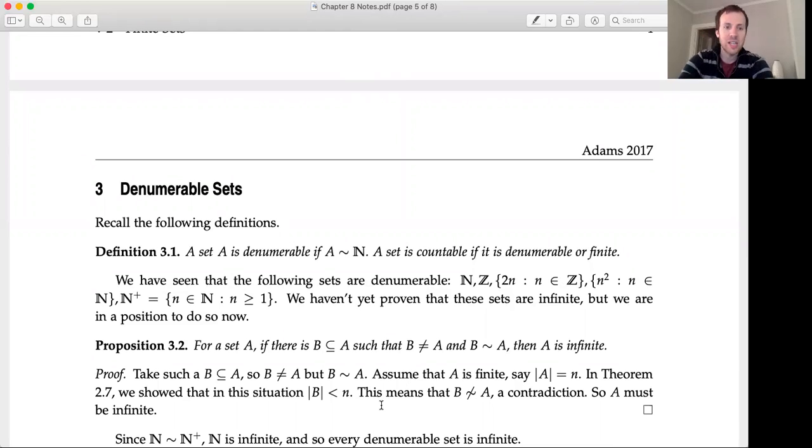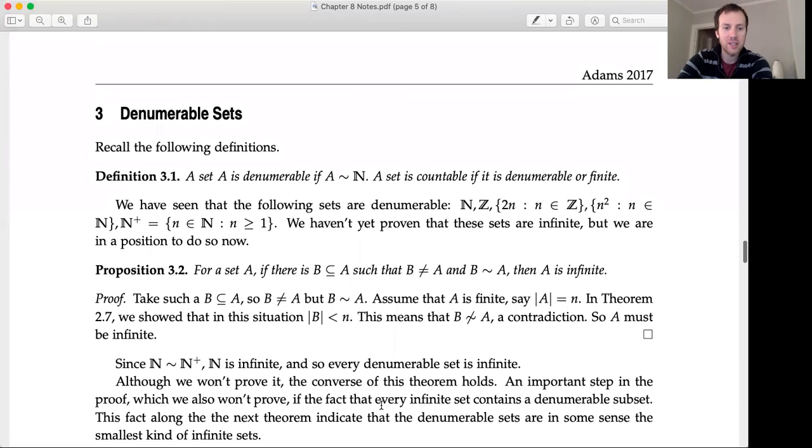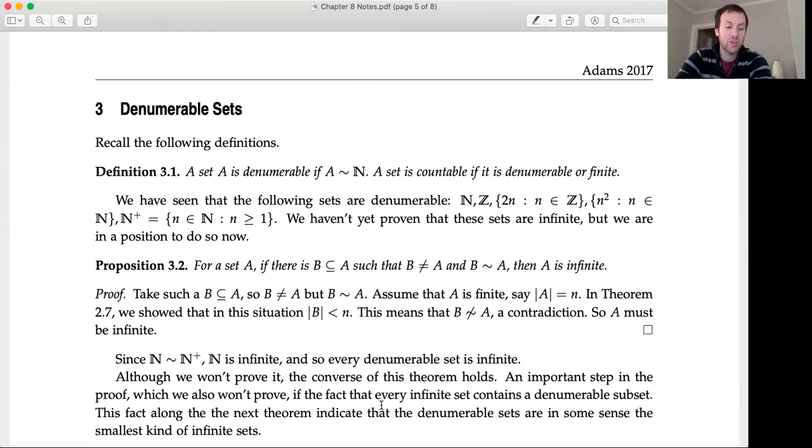And this actually gives a surprising property, and what turns out to be a characterizing property of infinite sets. This says if you have a set A, and you can find a subset which is not the whole thing, but is still equinumerous to the original set, then you had to have been starting with an infinite set.